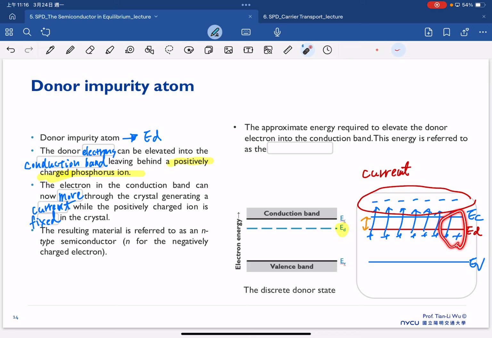If EC minus ED is larger, if you have an ED here, for sure it will be very difficult for the electron to jump to the conduction band. But if your EC minus ED is small, then this action will easily happen because EC minus ED is small here. So this number is what we call the ionization energy.